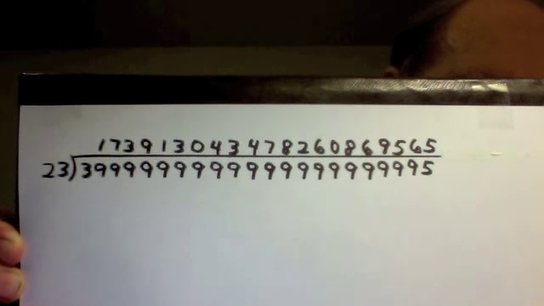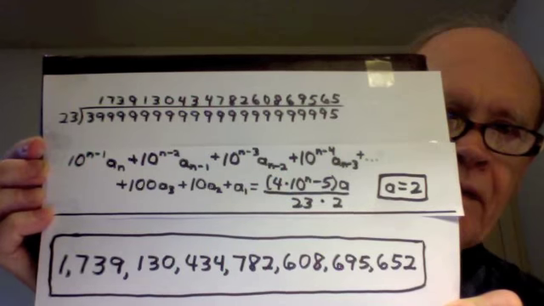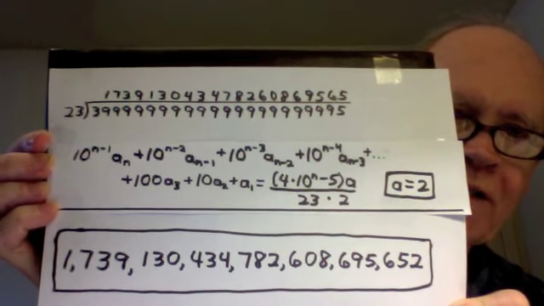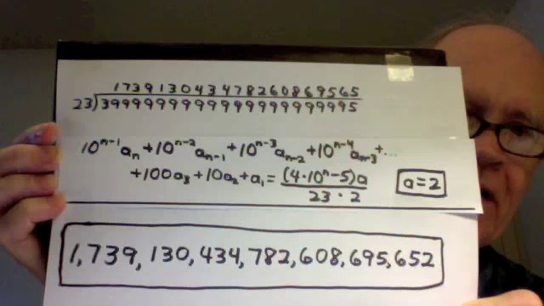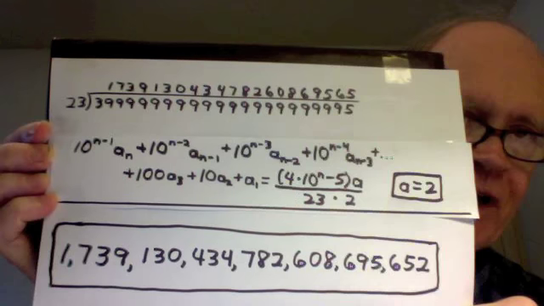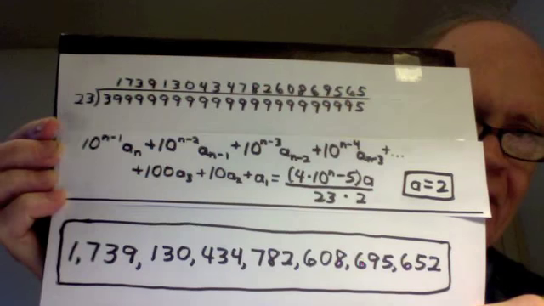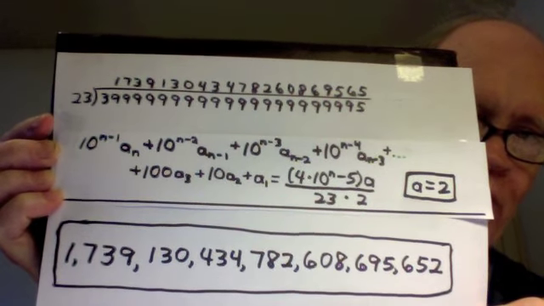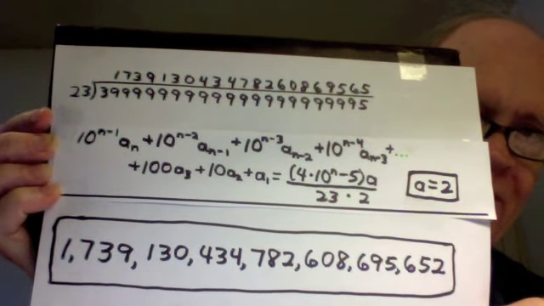Here is the result of that division. The numbers in that quotient, 1, 7, 3, 9, and so on, are the numbers that go in the place values of the original number beginning at the extreme left. A equals 2, we set A equal to 2, that is the number in the ones place.